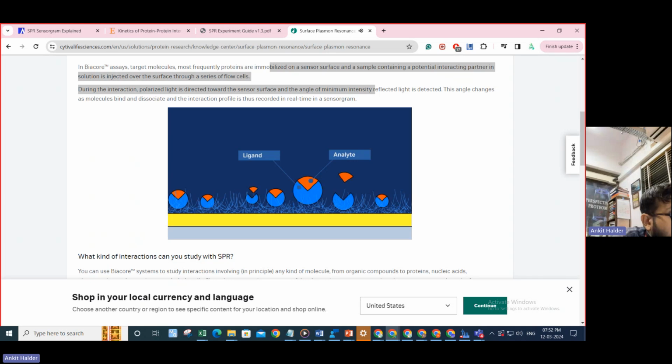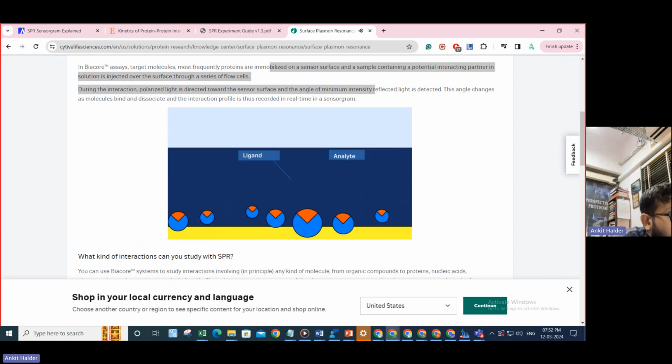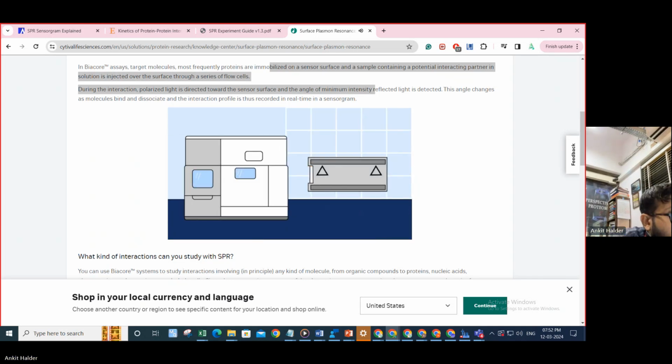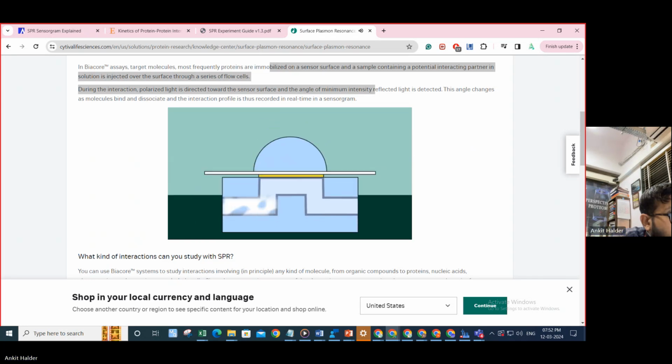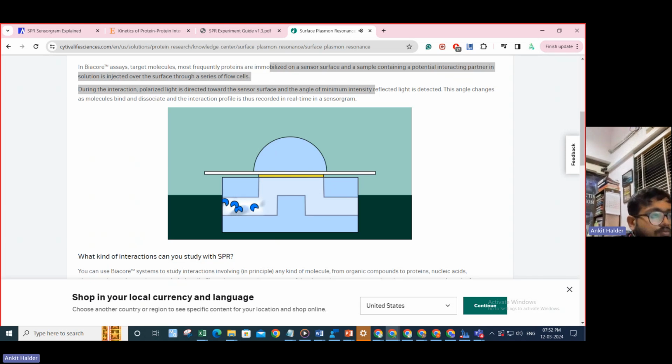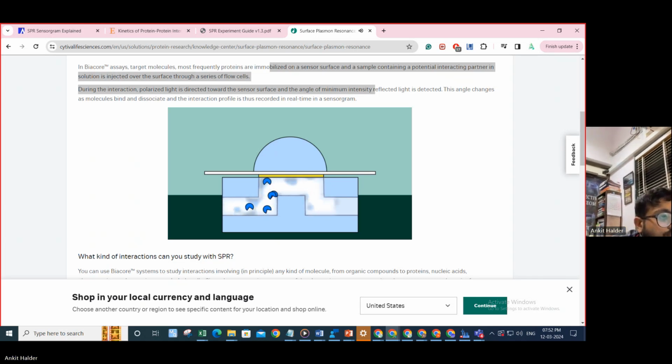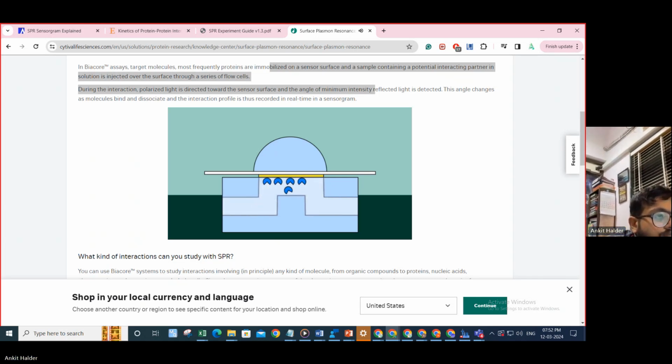So see the ligand, the analyte binds to it. Analytes start flowing.